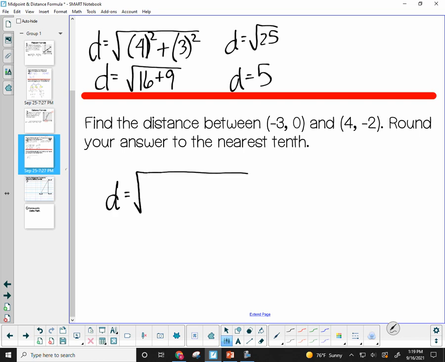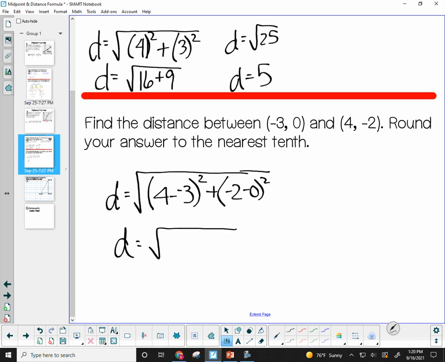All right, let's look at what you have. So I'll set it up and then I'll start simplifying a little bit in my head. So I have the square root of the quantity of 4 minus a -3, that's squared, plus, now my y's, I have -2 minus 0, that quantity squared. Okay, so 4 minus a -3 would give me 7. 7 squared is 49.